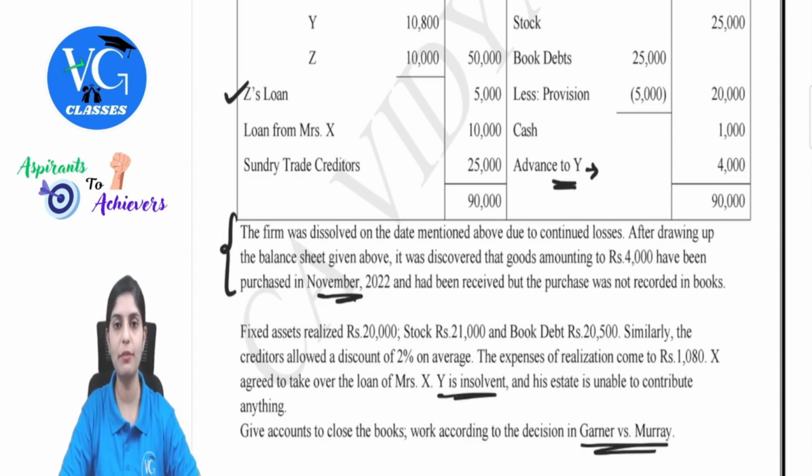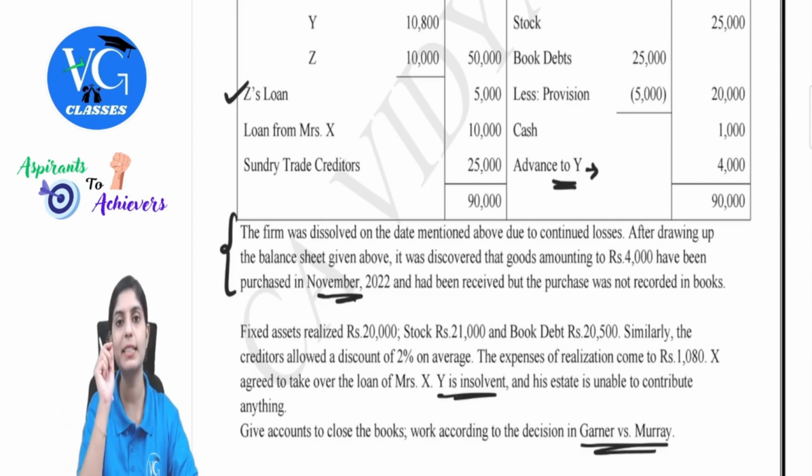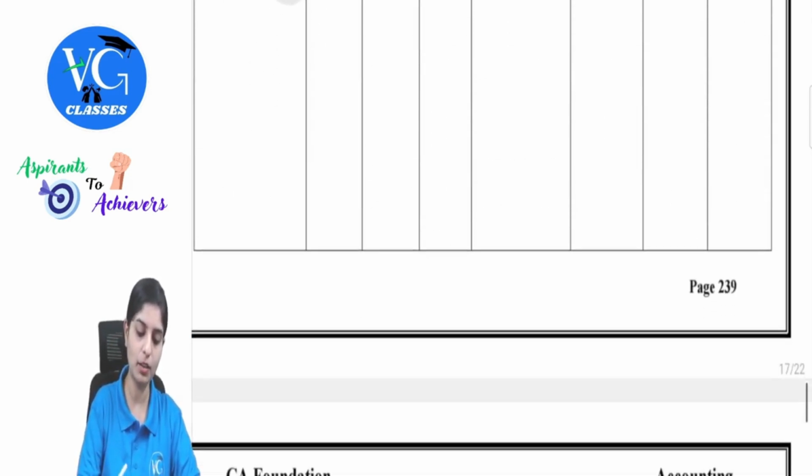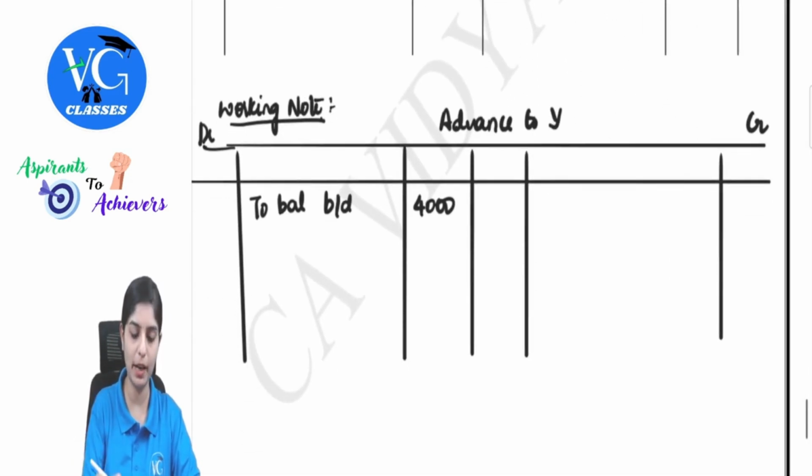Now understand one thing, the partner is insolvent anyway. So can you expect this advance given by this partner to be receivable? Definitely not. So this will also be part of your deficiency. Understand this carefully because the partner is anyway becoming insolvent. So anything which is receivable from him is also not to be received because of his insolvency position. So like I was treating for partner's loan, this also I will transfer to partner's capital.